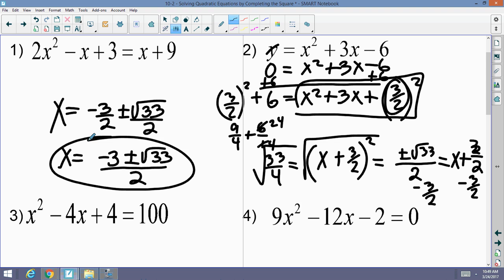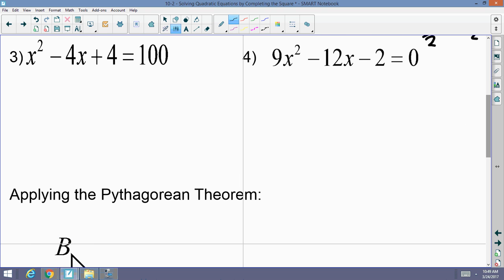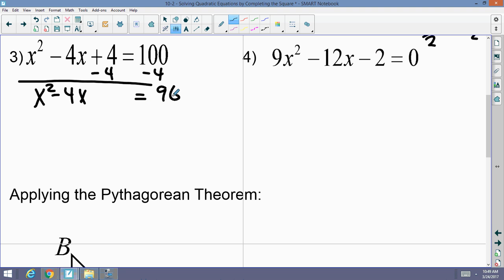Okay, let us continue. Now let's complete the square. Let's solve. I'm going to subtract 4 from both sides to get the x squared and the x alone. Now I'm going to complete the square, so I'm going to add b over 2 squared to both sides.